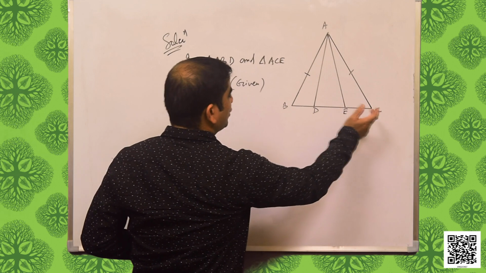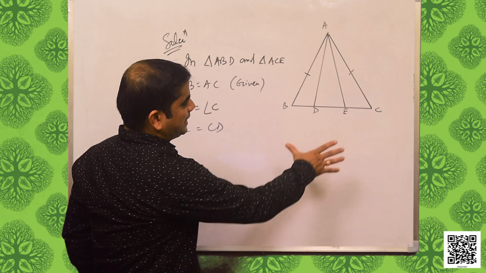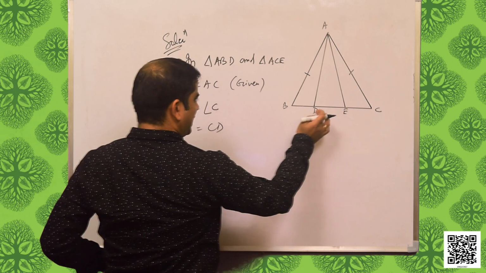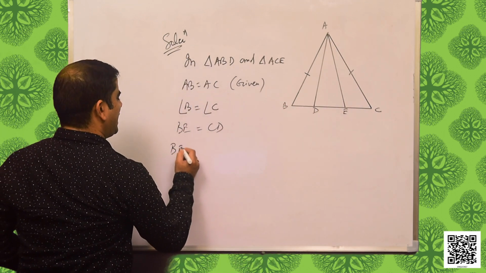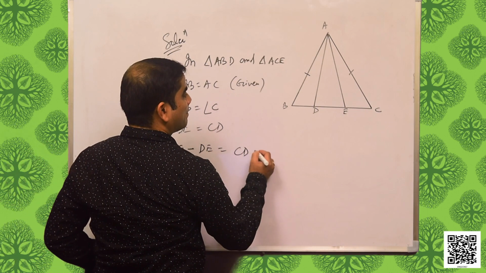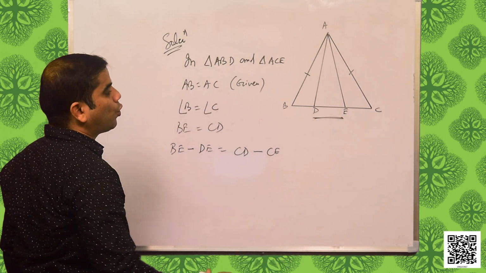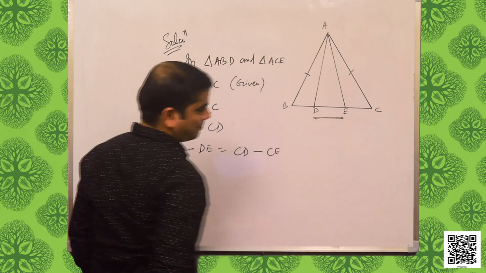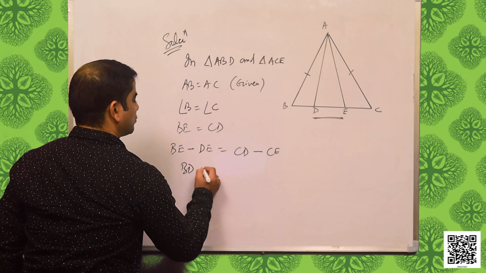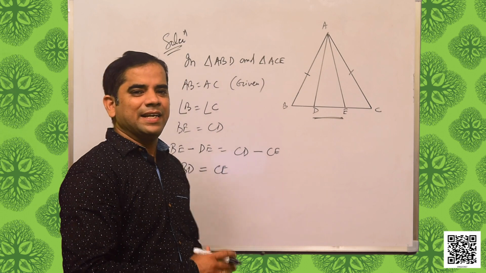If BE is equal to CD and BC is the base, then BE minus DE is equal to CD minus DE, as DE is common to both BE and CD. So, what is BE minus DE? It is BD. So, BD is equal to CE.